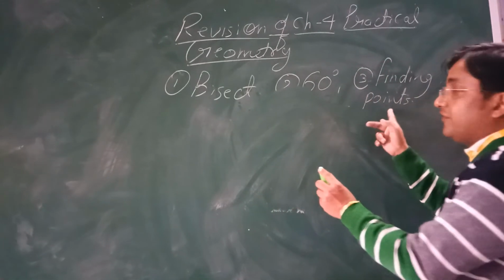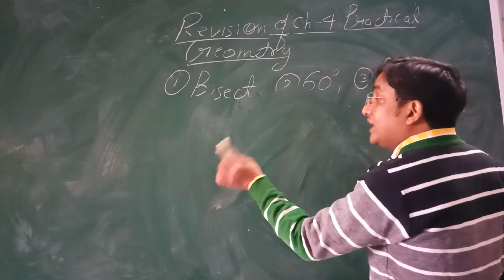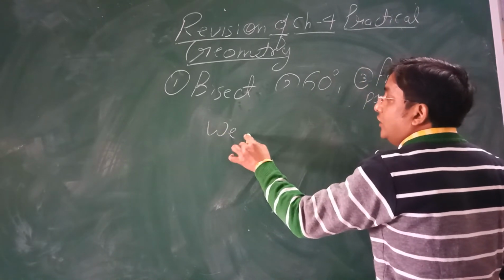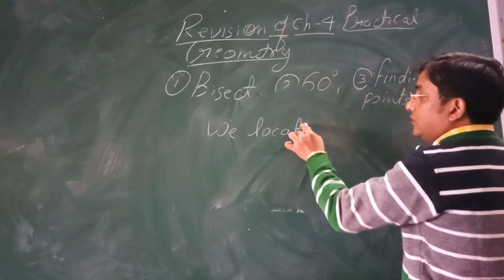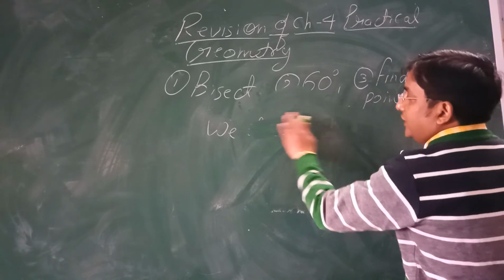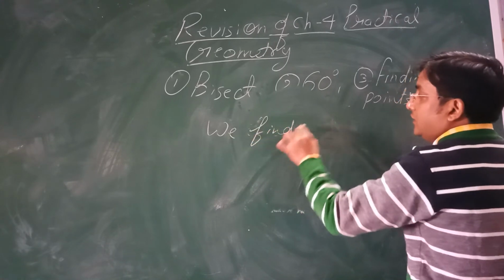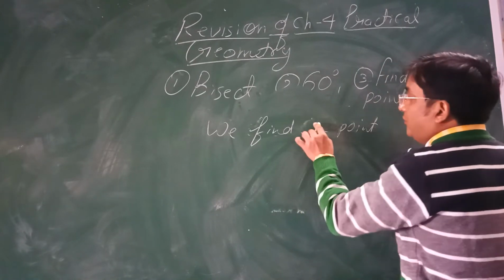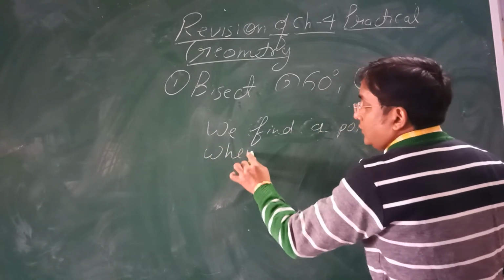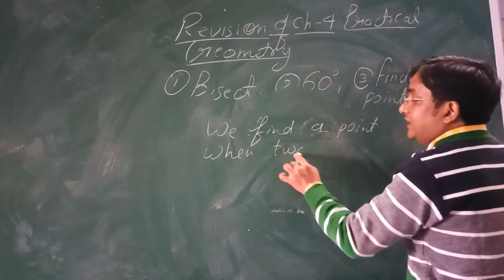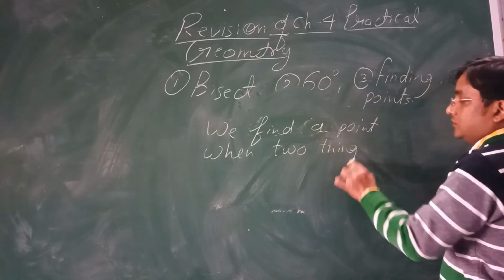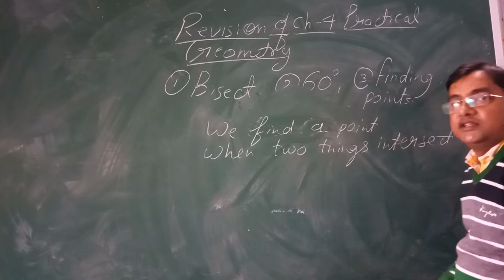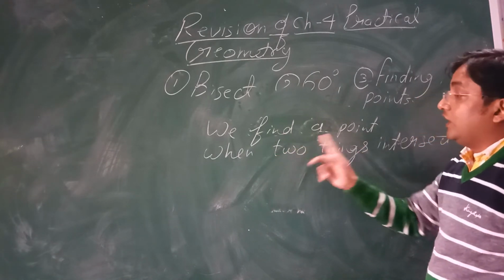So we find a point when two things intersect. You don't have to write all this, just keep it in your mind. We find a point when two things intersect.